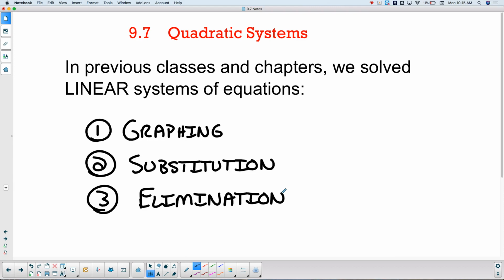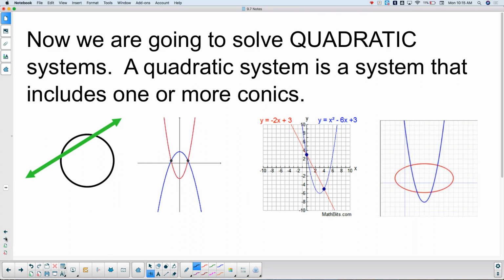Okay? All right? So today, then, what we're going to start is we are going to start quadratic systems. A quadratic system is a system of equations that contains at least one conic. Okay?